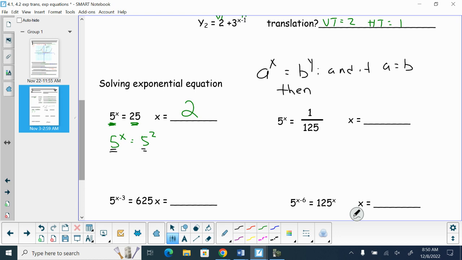They must also be equal. If a to the x is equal to b to the y, and if a is equal to b, then x has to equal y. Well, what I've done is I've written these as like bases. So I have 5 to the x is equal to 5 to the 2nd power. If my bases are equal, which is what I'm trying to get, then my exponents must be equal.